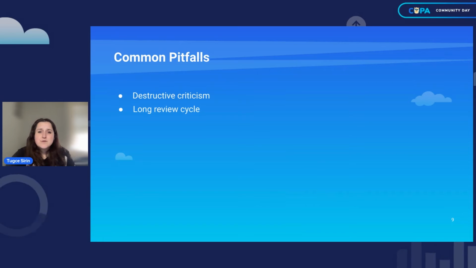The long review cycles. So we mentioned that having a single person, especially a designated reviewer, might cause them to have a lot of PRs to review at once. And with their other workload, they might not give enough priority to the pull request. And it's okay.